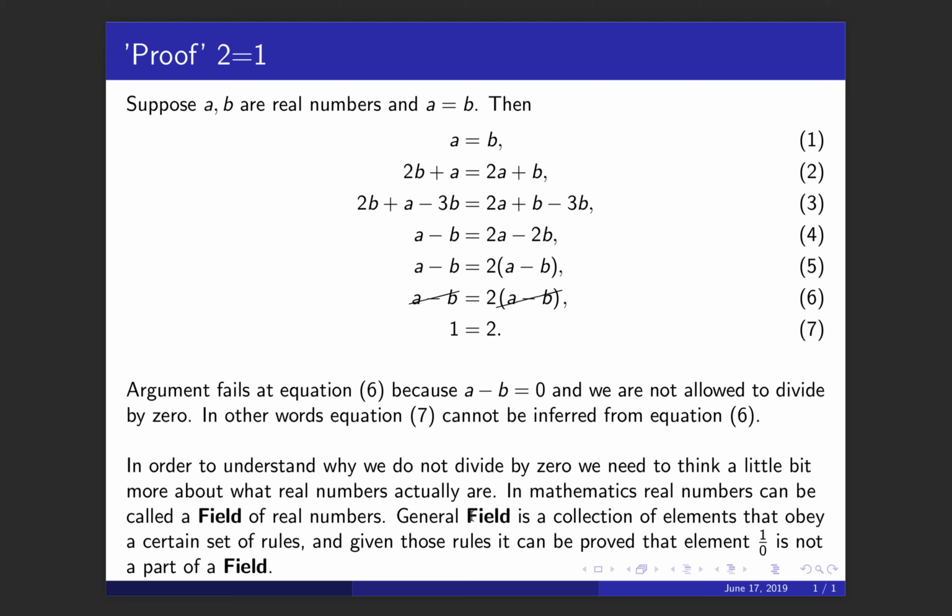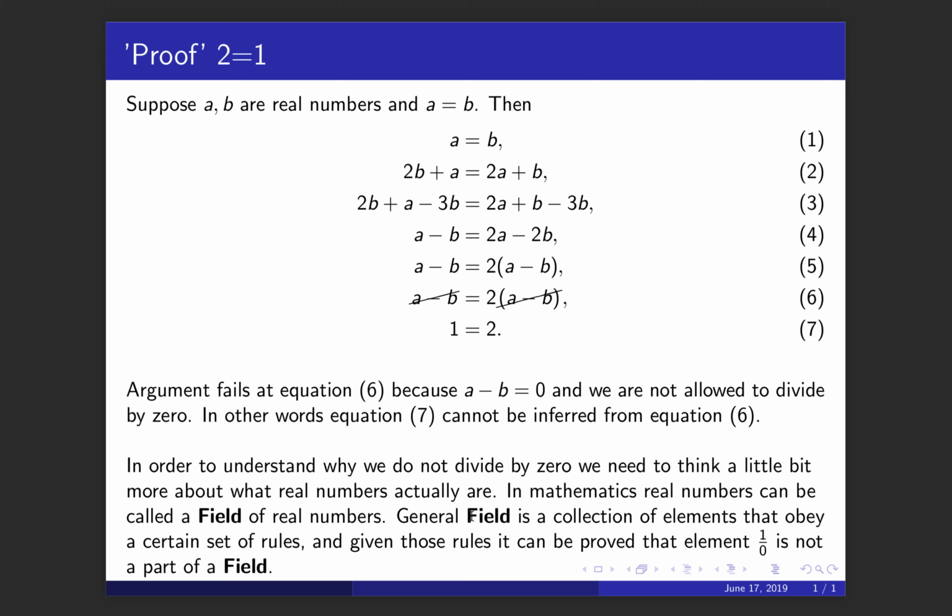For example, if I take 2 multiplied by a multiplicative inverse of 2, which is 1/2, I'll get 1. And the same holds for any other real number. So when I say divide by 0, I mean multiply by a multiplicative inverse of 0.